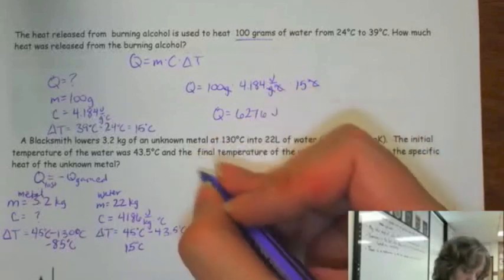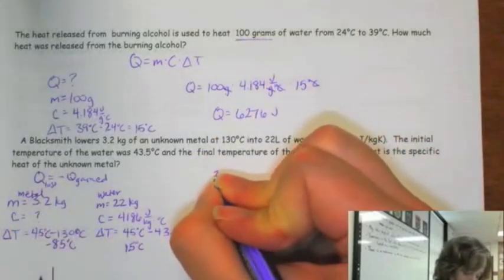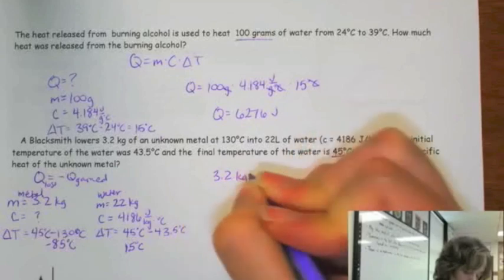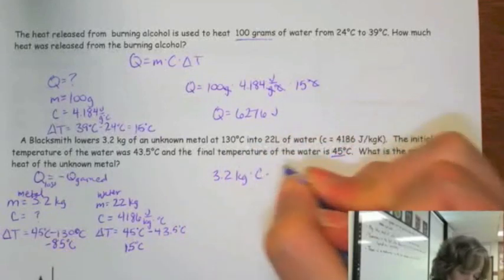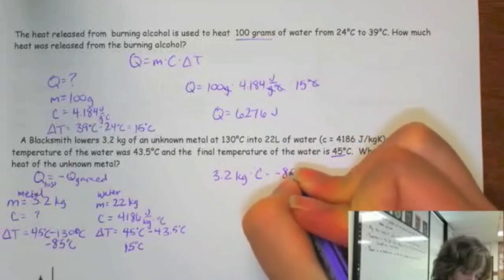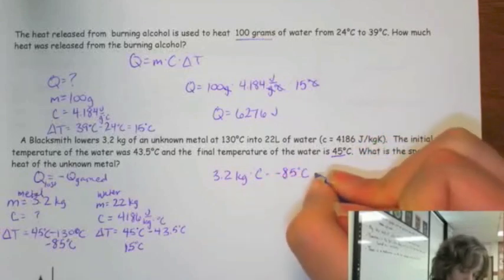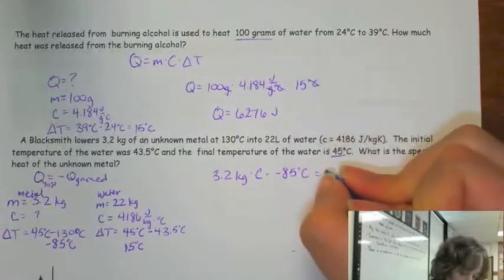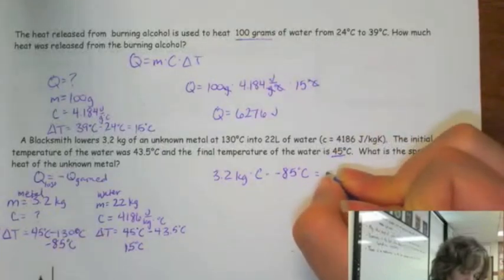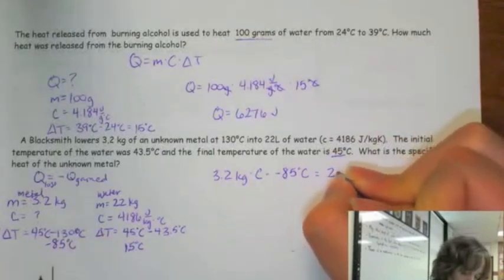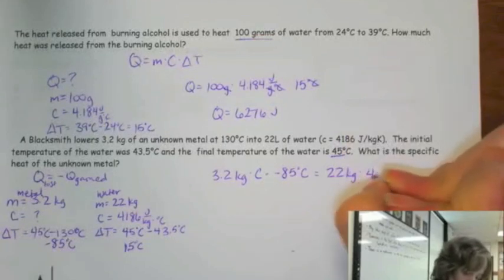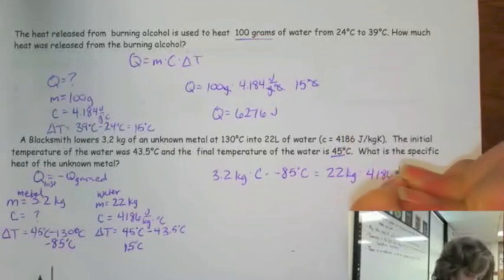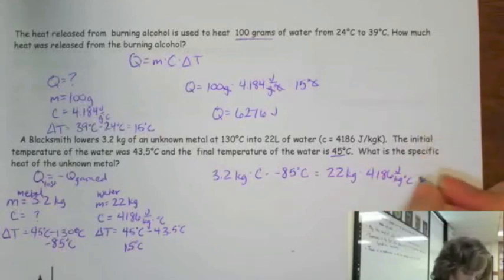So our mass of our metal is 3.2 kilograms. Our C is what we're looking for. Our change in temperature is negative 85 degrees Celsius. And that equals our mass of our water times our specific heat for our water times our change in temperature for our water.